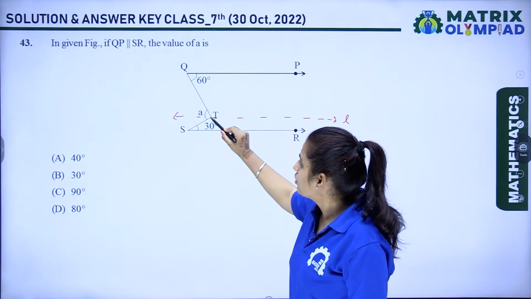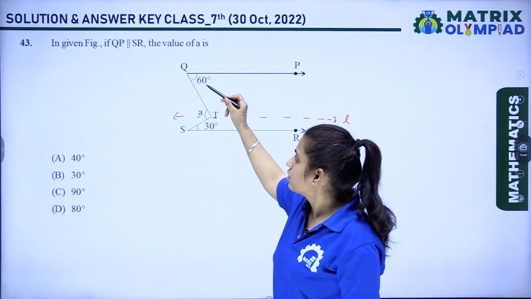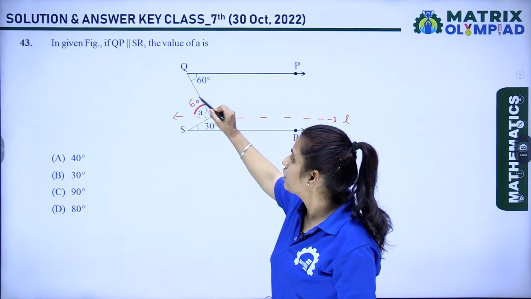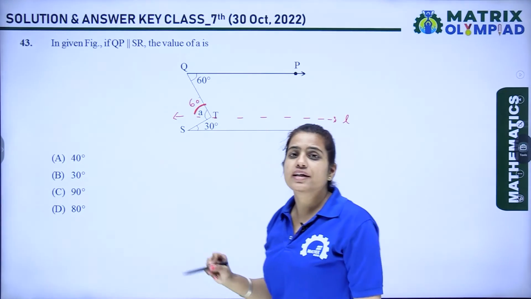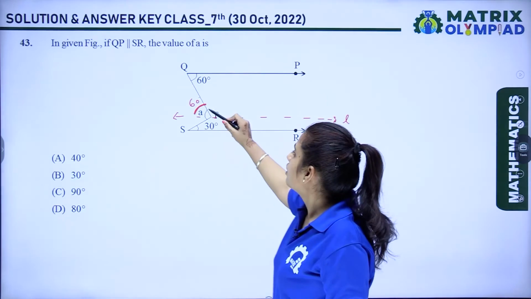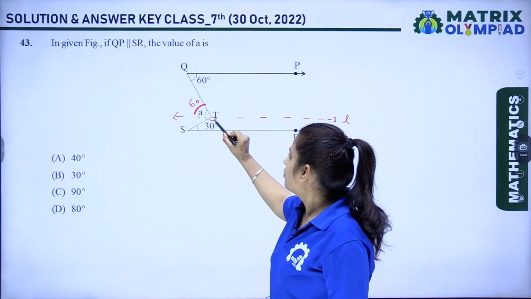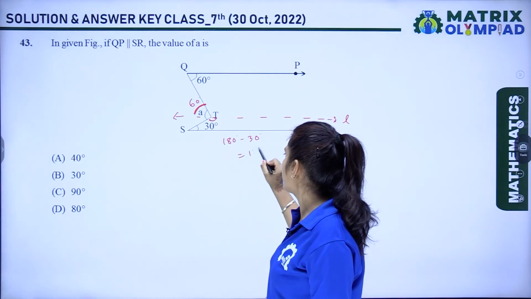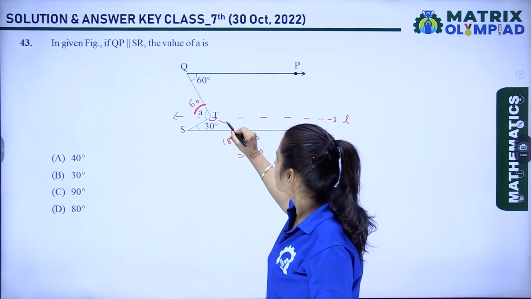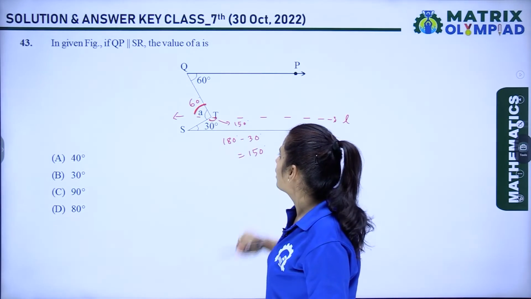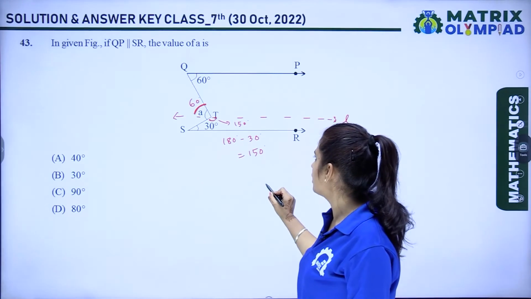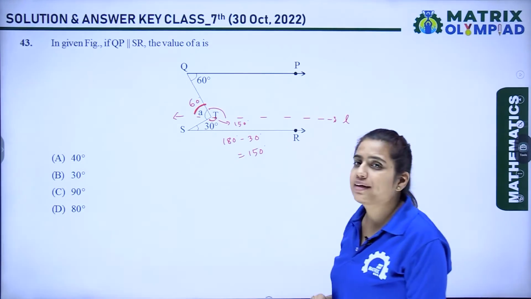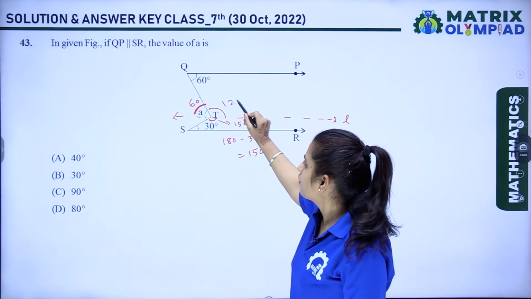Now this angle is 60 degrees as an alternate interior angle. This angle will be 180 minus 30 degrees, so it will become 150. And if we form a complete angle, this angle will be 180 minus 60, we get 120.